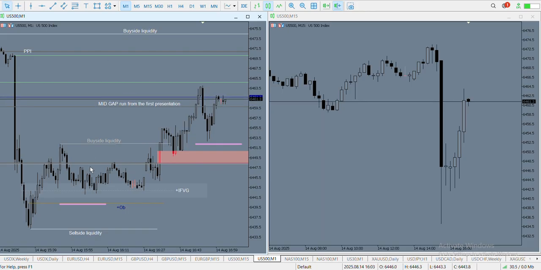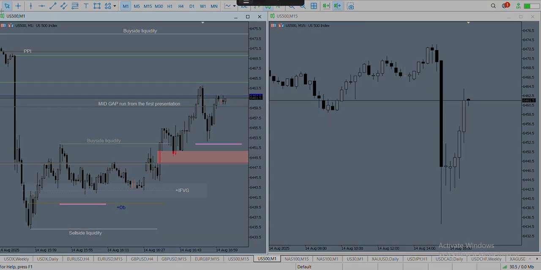So beautiful run higher. I want to take this screenshot right here.